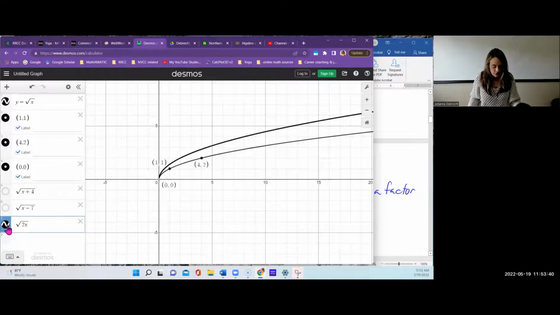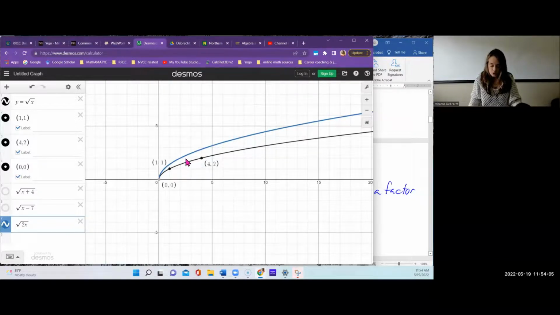Here's our new function, which I'm going to color blue. When we're looking at this one, notice that what we have right here is 0, 0 still at the same point. What was at 1, 1 gets moved over here to 1/2, 1. Again, it cuts the x coordinate in half, but leaves the y coordinate alone.